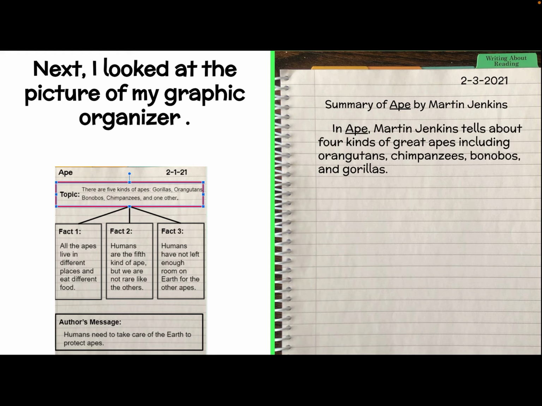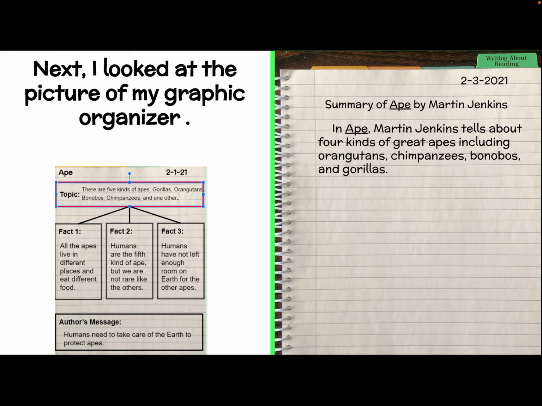And Martin Jenkins didn't tell us about the 5th kind of ape until the end of the book. So I started my summary with this sentence. In APE, Martin Jenkins tells about 4 kinds of great apes, including orangutans, chimpanzees, bonobos, and gorillas.